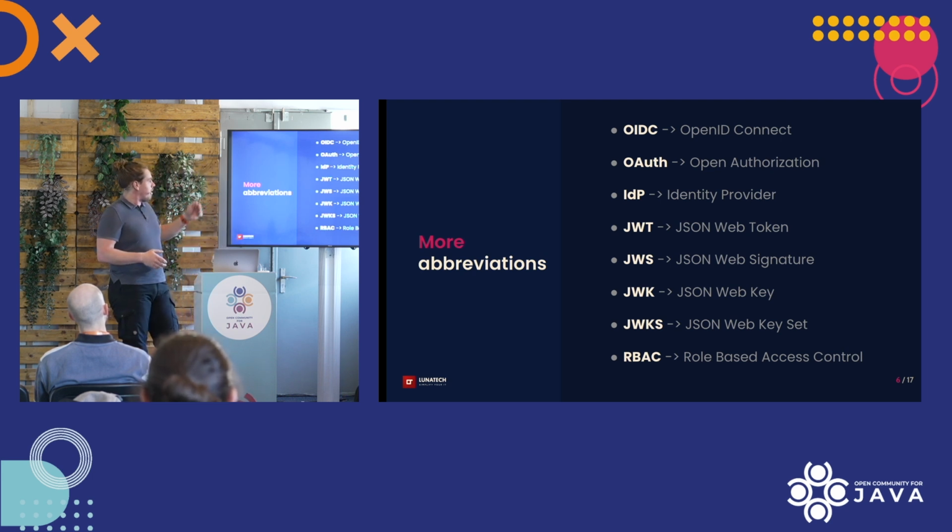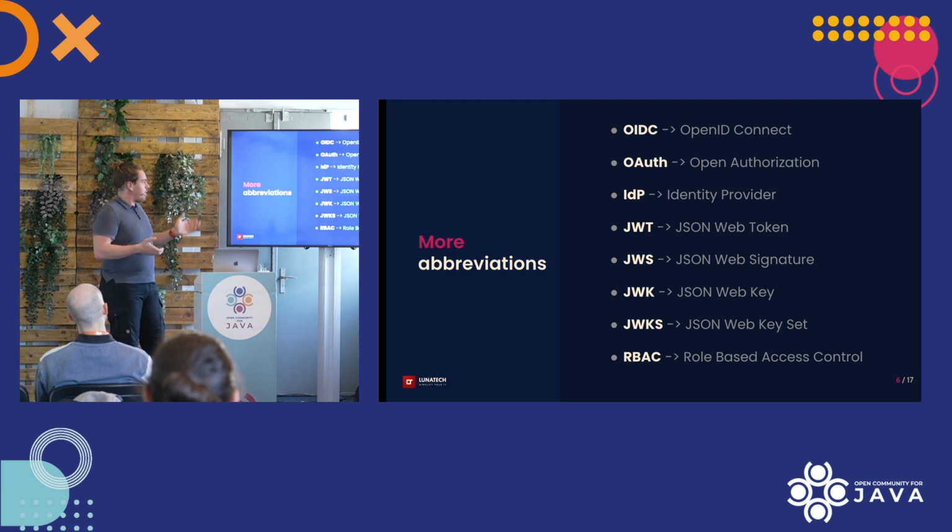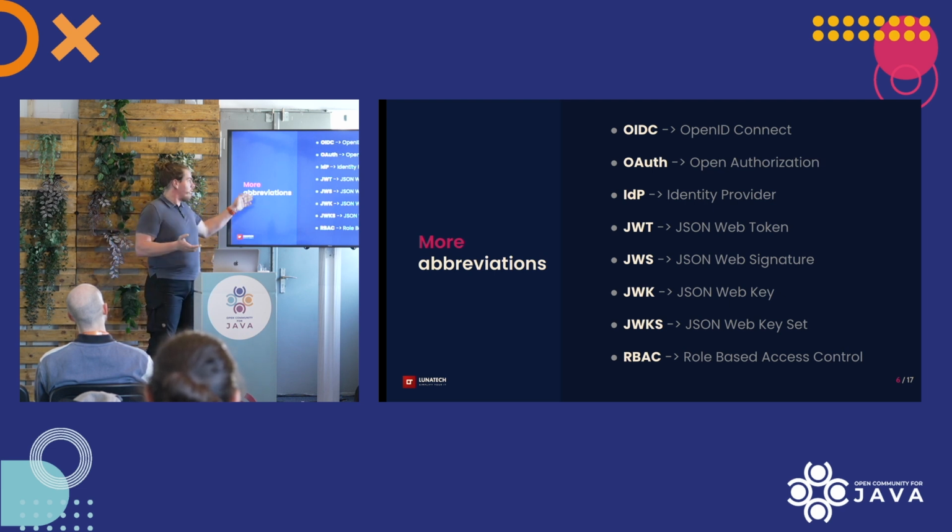We have OpenID Connect. I talked about that one already. We have Open Authorization, OAuth. We have an IDP, the identity provider, so Keycloak in our case. Then we have JSON Web Tokens. Some people call them a JWT, some people call them a JOT. I don't know how you get JOT out of those letters, but that's what I thought of.